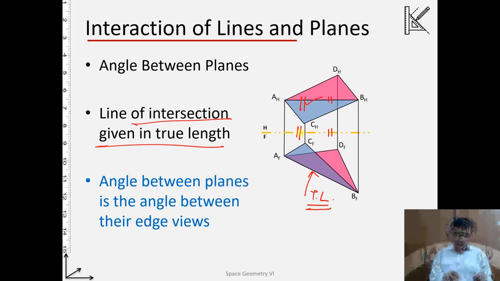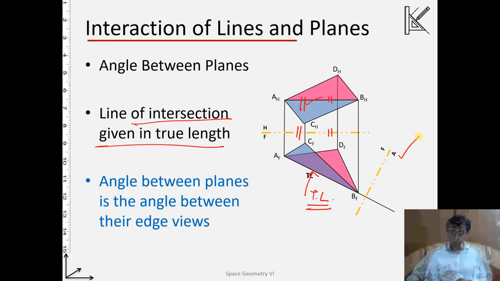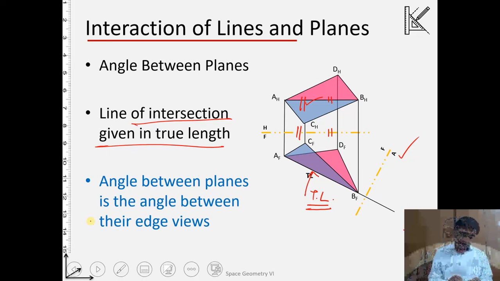We know how to do that. To do it, I will take another auxiliary plane and let the auxiliary plane we name in this case as A. So if I see in this direction now, that is how I am saying I will be getting the edge point view of the line AB.